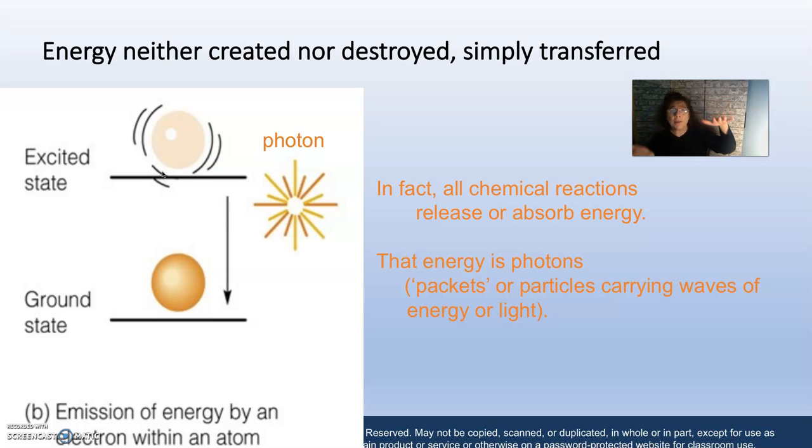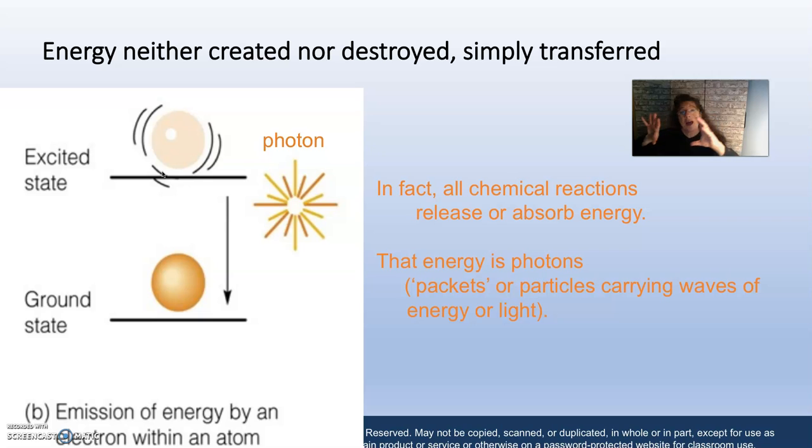The law of equilibrium states that every system in the universe seeks equilibrium. So the electron is most stable at its ground state, its rest state, and if it is energized by a photon, it's going to then turn around and emit that photon and emit that light, and the electron will go back down to its ground state.